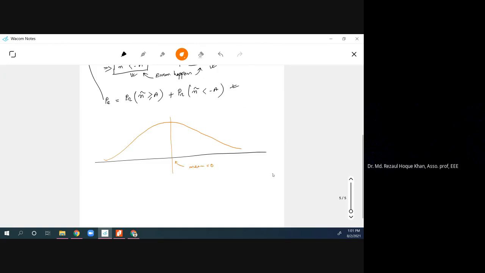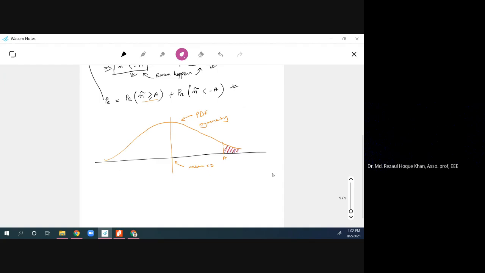This is the probability density function, and it is symmetric. The probability happens if n tilde is greater than A, so if this is A, the error happens in this region.